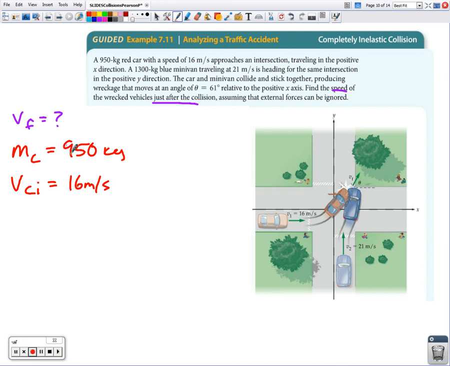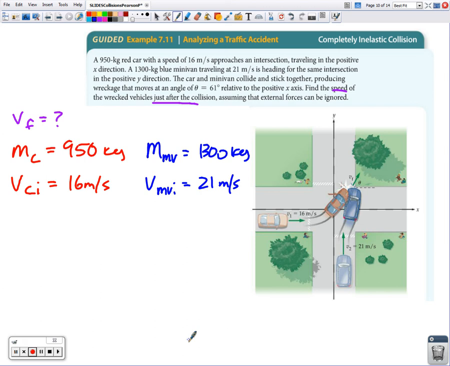They also told us that there's a minivan. The mass of the minivan is 1,300, and the minivan's initial velocity is 21 meters per second. Good with that info?